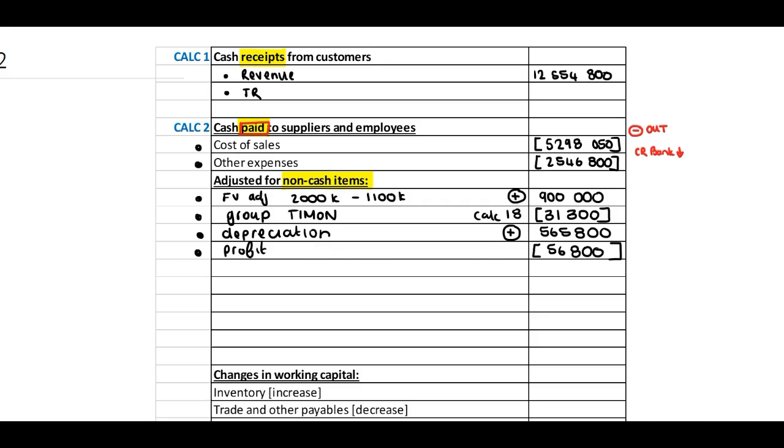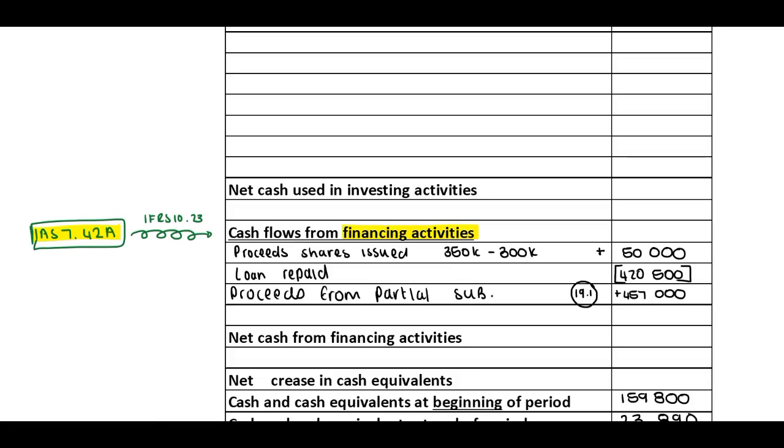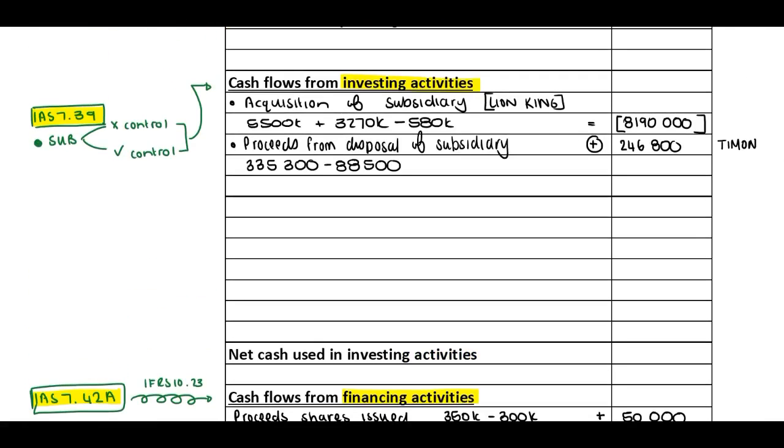On the face of our cash flow statement, remember proceeds from the disposal of PPE. Now, you are not allowed to use abbreviations, guys. Please write this out. Proceeds from disposal of your property, plant and equipment.